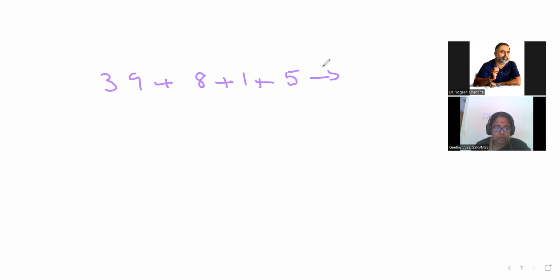Yes, you can use chat. So one can easily make this 40 plus 10 plus 3. Done. Any way you can do, there is no binding for it. You are free to do.